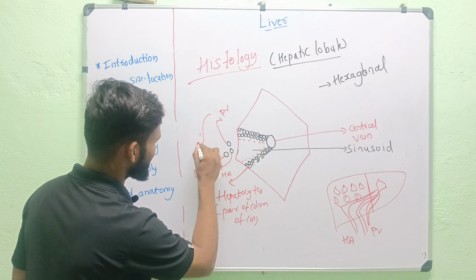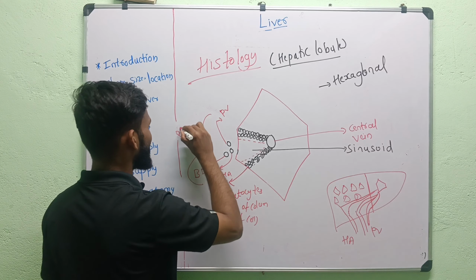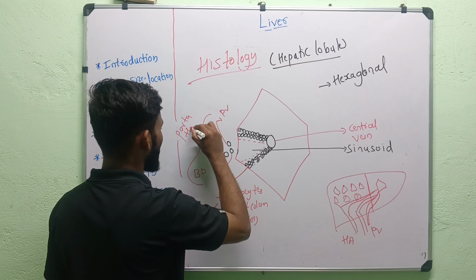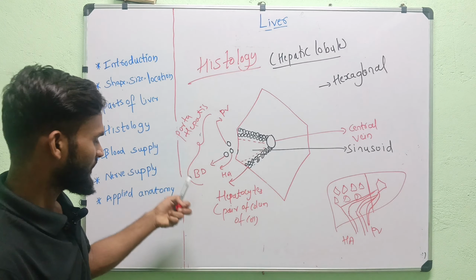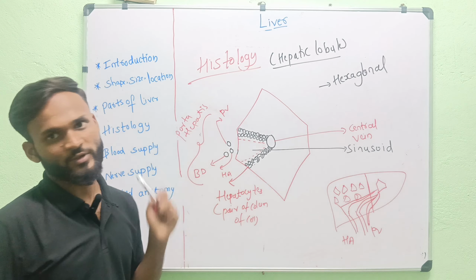Collectively, these structures are known as the porta hepatis: the bile duct, hepatic artery, and portal vein.